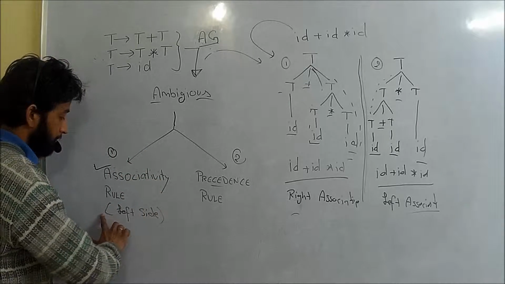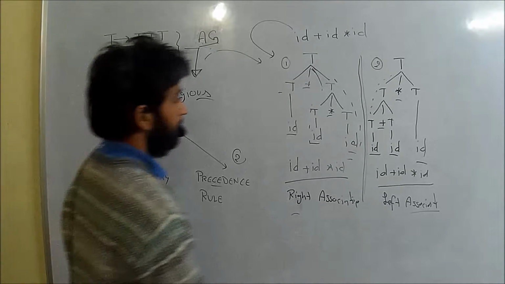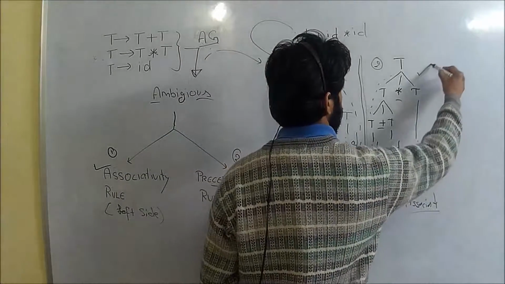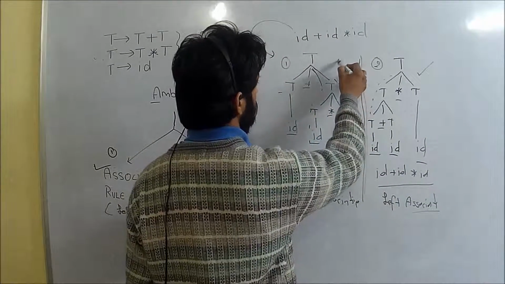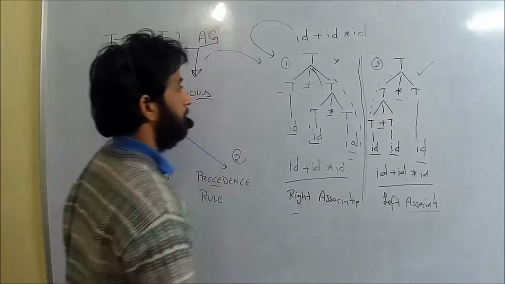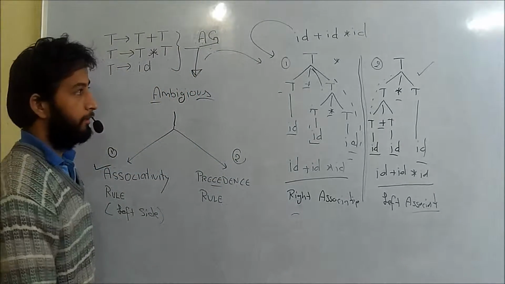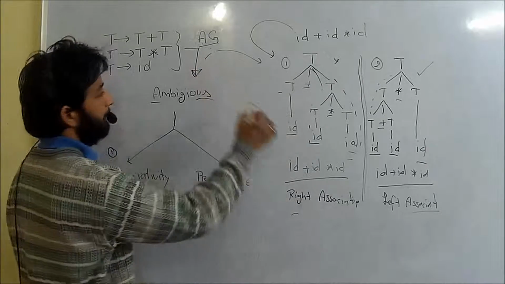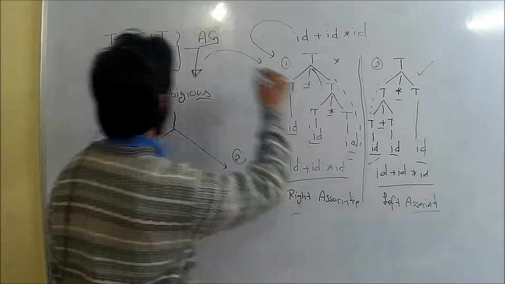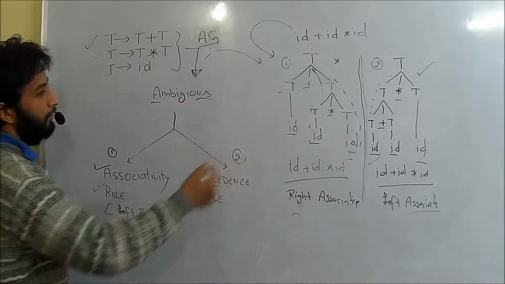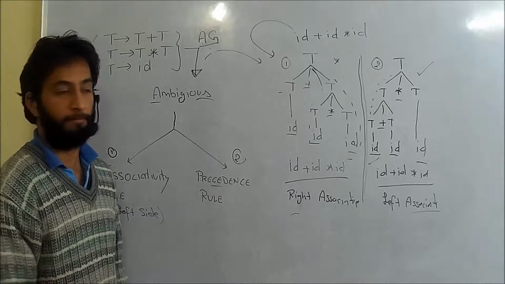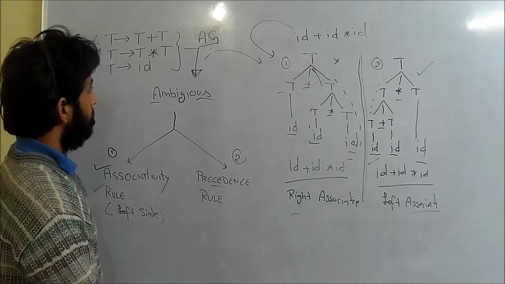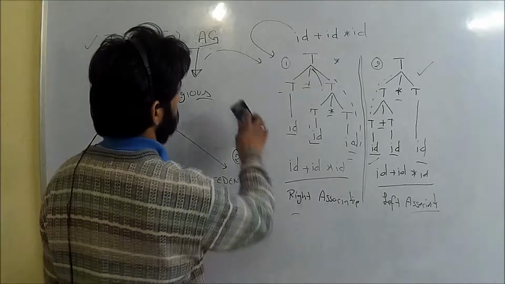By following this rule, this one parse tree is right and this one is wrong. So I have to restrict this grammar along the left side.